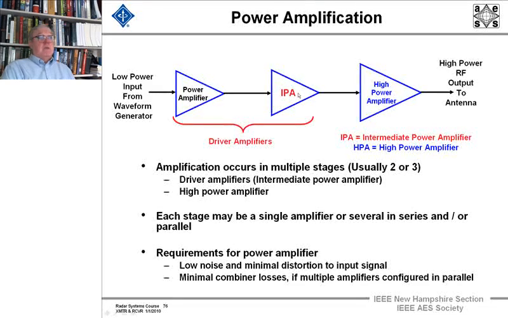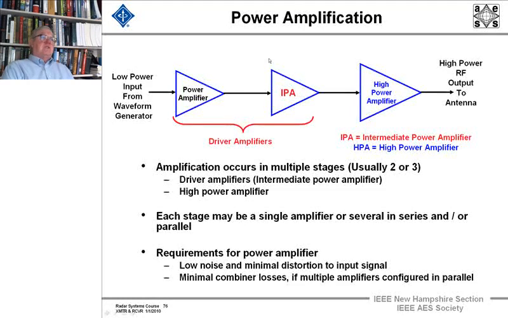It may need an intermediate power amplification before it goes on to the really big guy, like those TWTs or the klystrons, the high power amplifier. So these are called the driver amplifiers, and depending upon how much RF power you want to go out to the antenna, you may or may not need them.